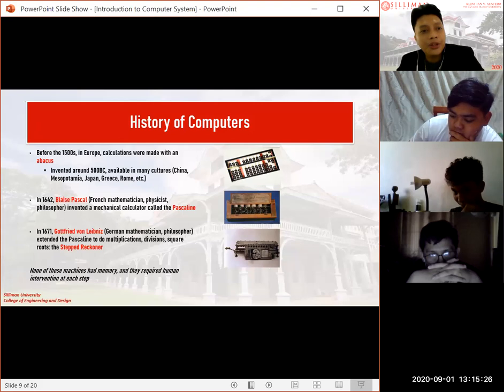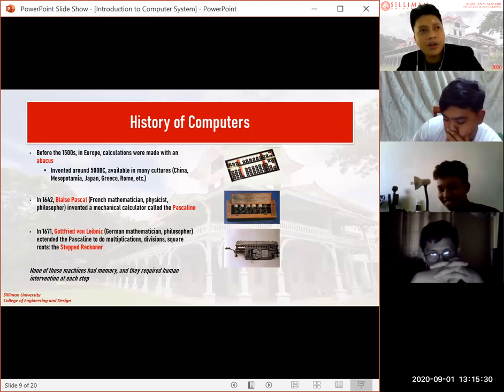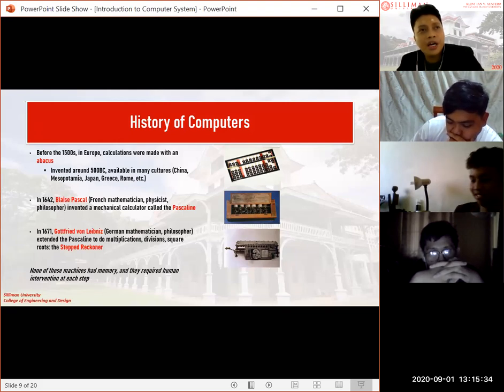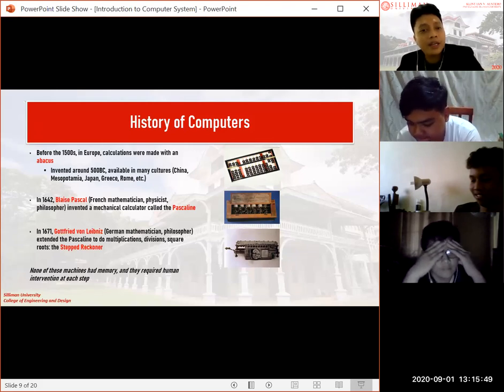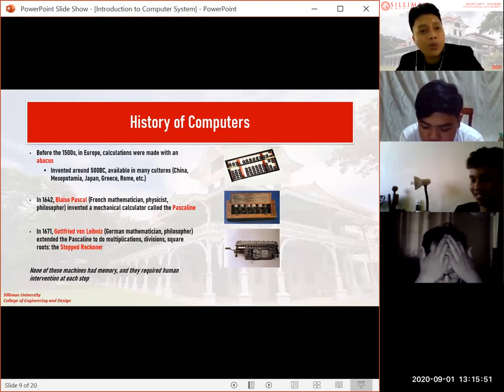They were using what we call the abacus, and different types of devices to help them in calculating. Then the second part is when they developed machines. Instead of doing manual calculations, they had already created machines.